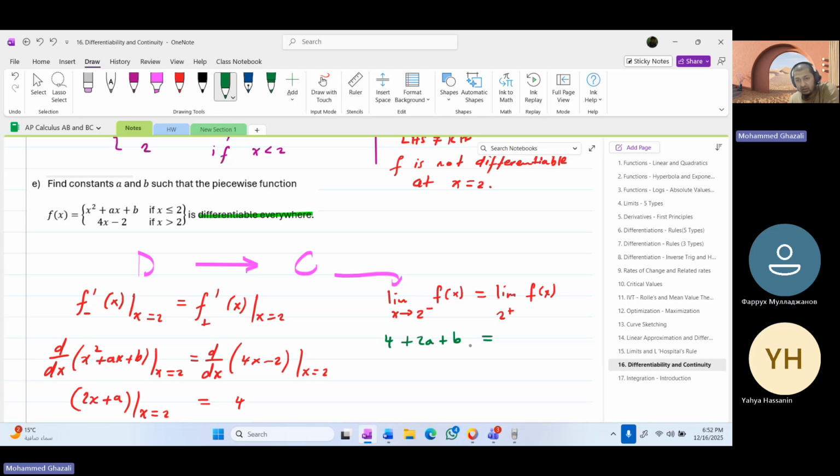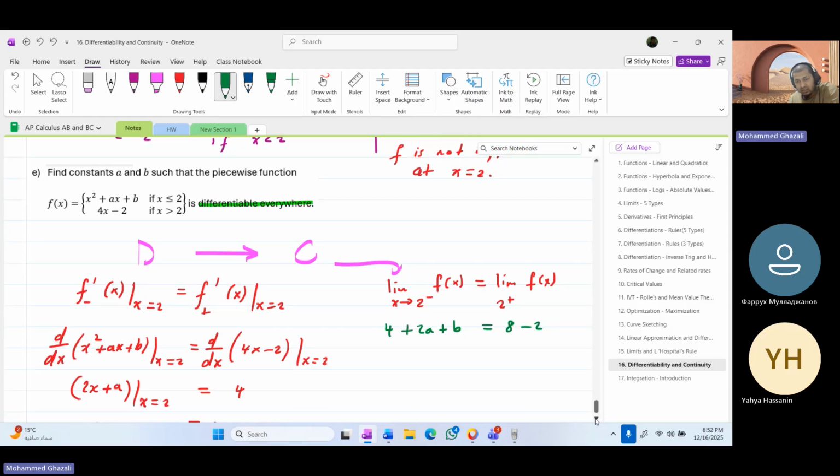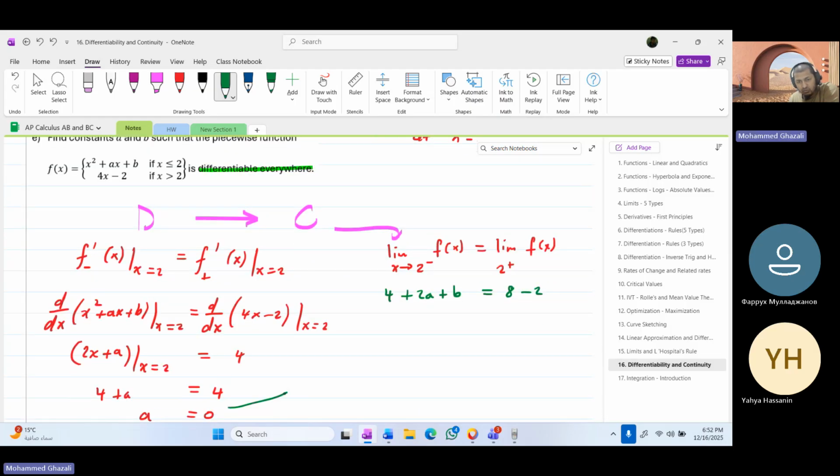But I don't want to do that now. Let's substitute the entire function. Let's substitute 2 in the right-hand side function. Substitute 2 here. You get 8 minus 2. Right, now we can say a is 0, which we saw from differentiability. So you got 4 plus b is equal to 6. So b is now equal to 2.